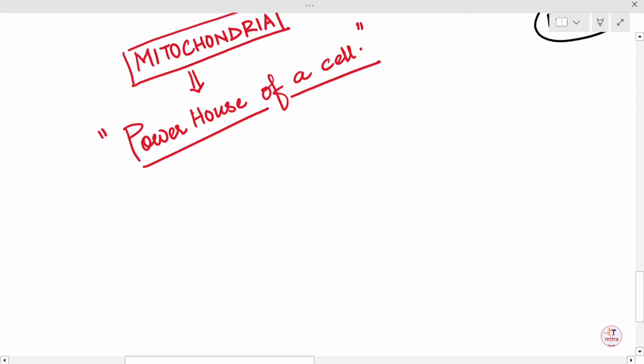Why is it known as the powerhouse of a cell? Because in mitochondria, generation of ATP takes place. And ATP serves as the energy currency for the cell, by which all the cells get energy and ultimately we get the energy. And when we get the energy, we are able to do many activities.